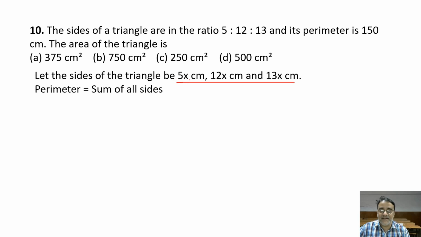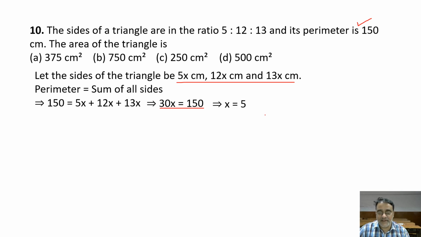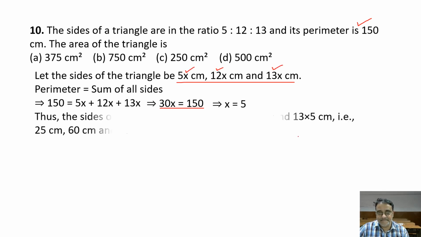So that is 5x plus 12x plus 13x. It is 30x. That is equal to 150. So what is the value of x? 5. Okay, x is equal to 5. So the sides are 25, 60, 65.